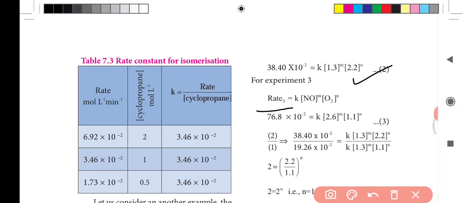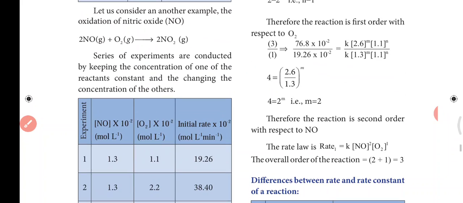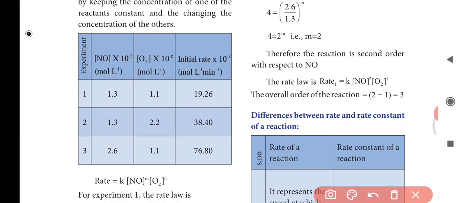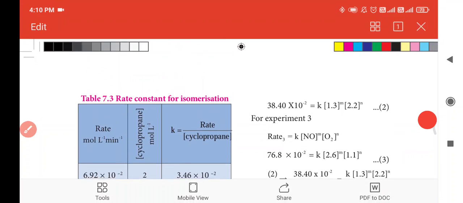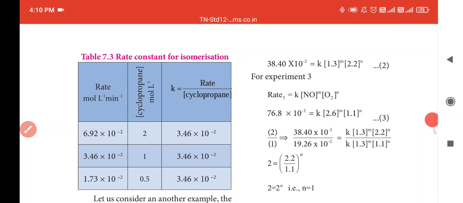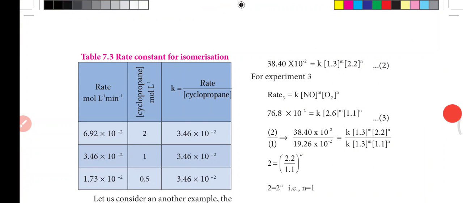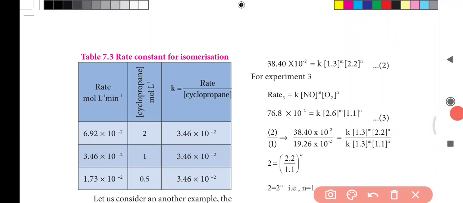The rate of the third reaction is 76.80, so 76.8 times 10 to the power of minus 2 equals k times 2.6 to the power m, times 1.1 to the power n.